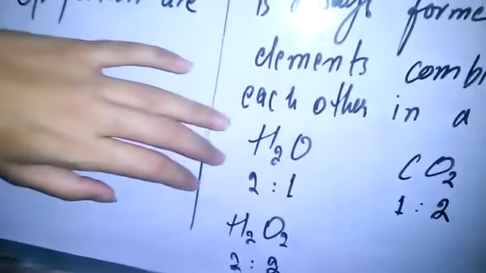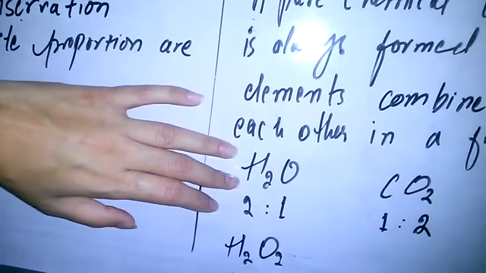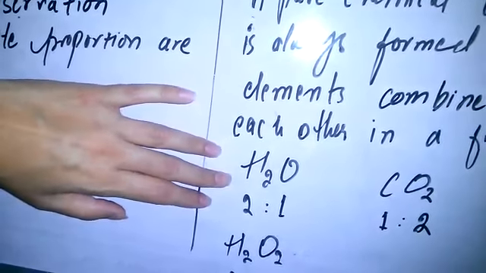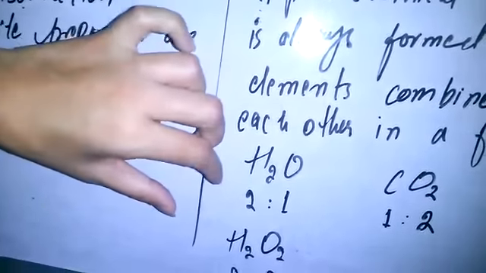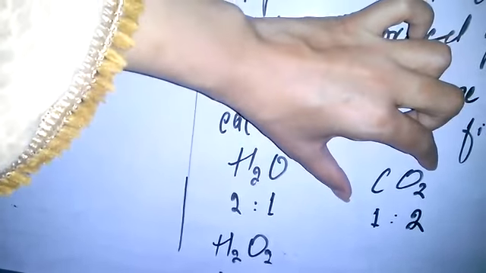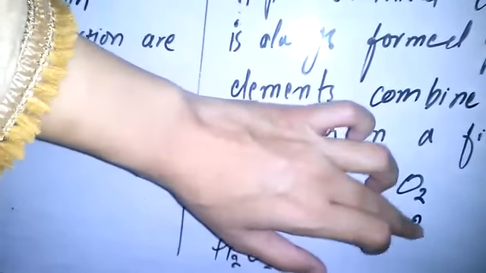So a pure chemical compound is always formed of the same elements combining in a fixed ratio. In water, the ratio is always fixed, that is 2:1, 2 hydrogen and 1 oxygen. In carbon dioxide, the ratio is always fixed, that is 1 carbon and 2 oxygen, 1:2.